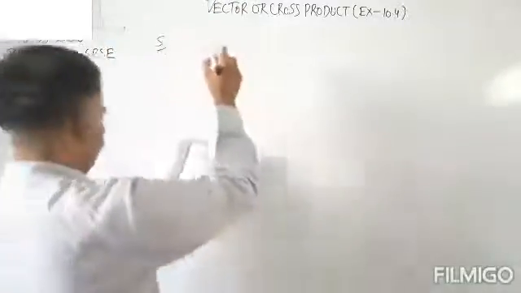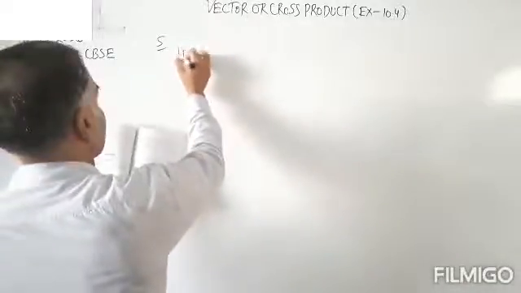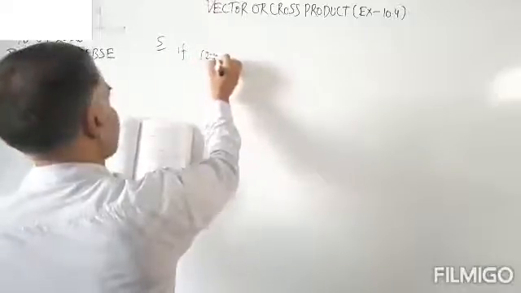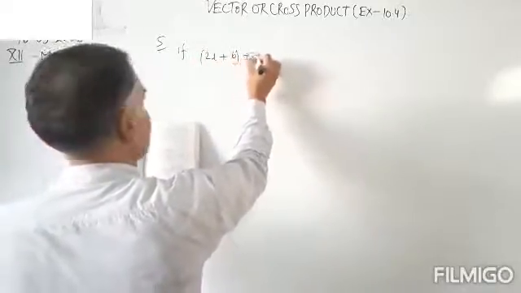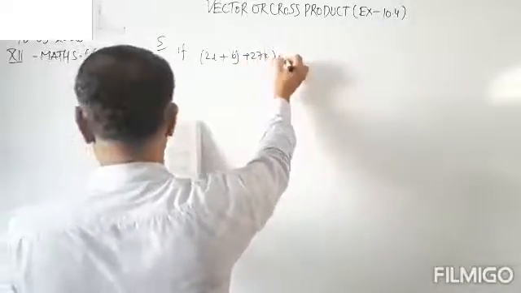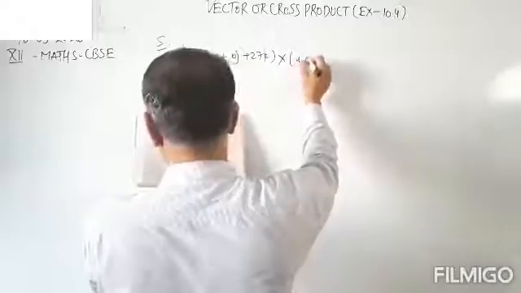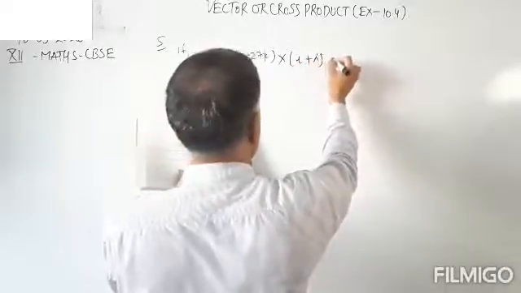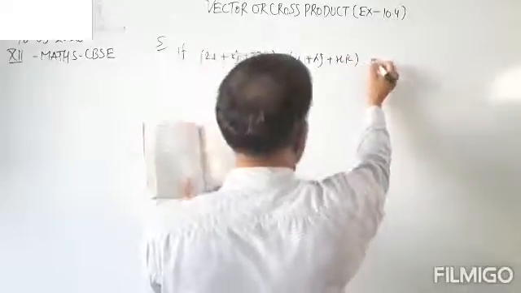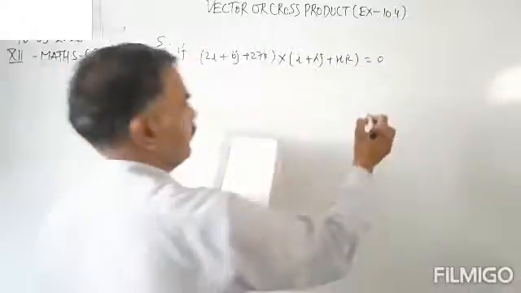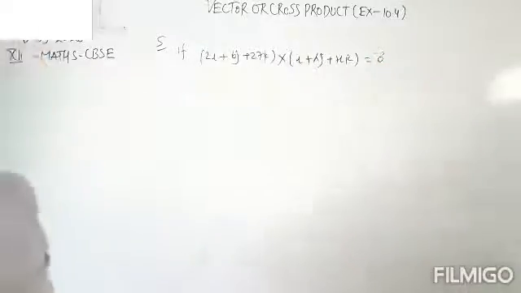Question number 5. Find lambda and mu if it is given that (2 i cap plus 6 j cap plus 27 k cap) cross (i cap plus lambda j cap plus mu k cap) is equal to the 0 vector.